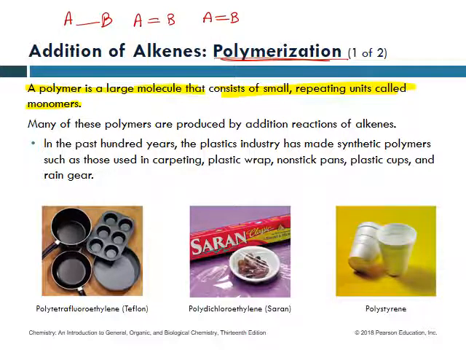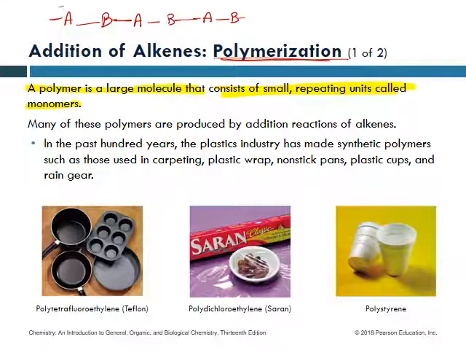A would have one more bond to make, and B will have one more bond to make. Similarly, this molecule A will have one more extra bond to make, and this B will too. So what would they do? This A and B are going to form a bond with each other. Similarly, the next monomer unit will form a bond. So these two will now connect with each other.